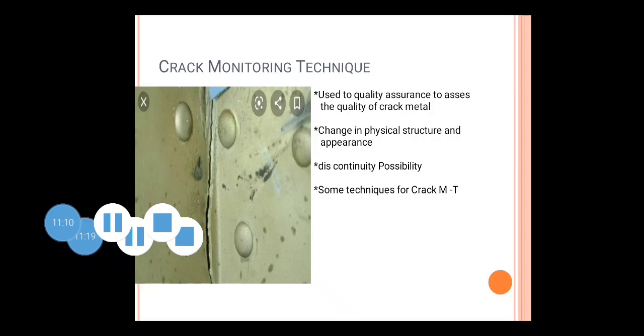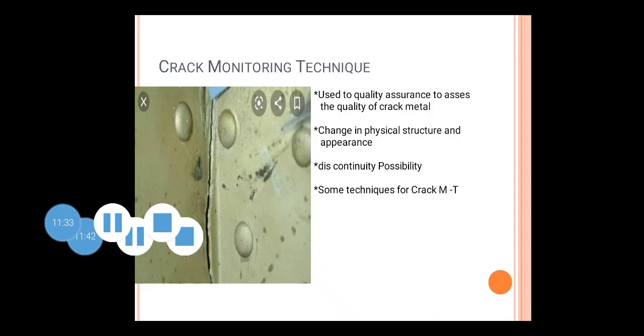Next one is crack monitoring technique. The picture itself shows how a crack may exist on the metallic component. If it increases again and again, a complete crack may exist on the metallic component. It will directly lead to heavy losses in the mechanical industries.